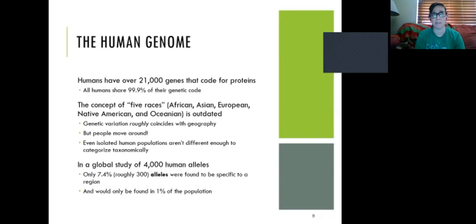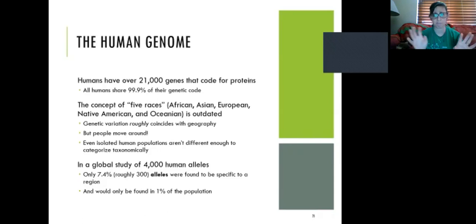If I'm correct about this, I may not be, but there is evidence of Vikings arriving in the Americas before anybody in the more southern parts of Europe had decided to take any boats over that way. And even when you consider very isolated human populations, they're not different enough to categorize as a taxonomic group.